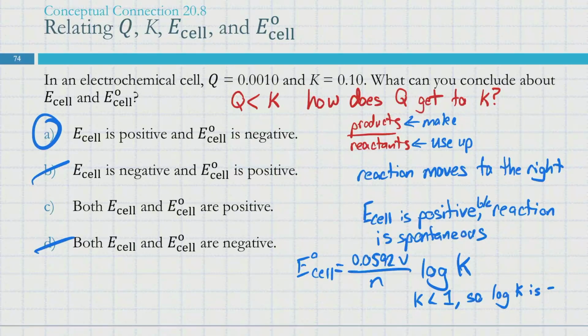So it is A. So to figure out normal E cell without the circle, is it just to see if it's spontaneous or not? Or is it like a mathematical way you can figure it out? There's probably a math way that you can figure it out.